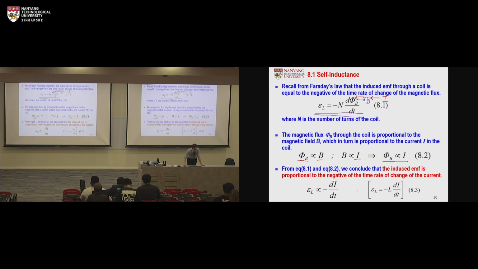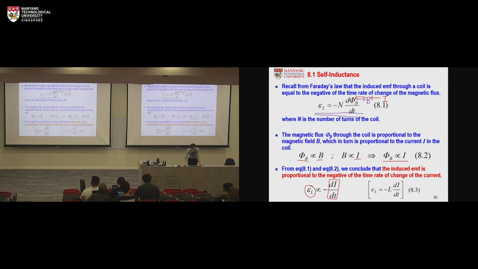At the same time, if we try to quantify this self-inductance, first of all, we can tell this one must be proportional to this dI/dt, right? That means if the I is changing faster, then the electromagnetic induction will be stronger.